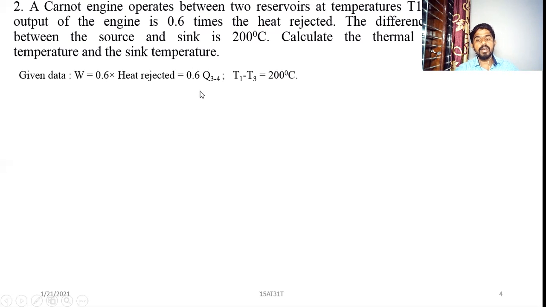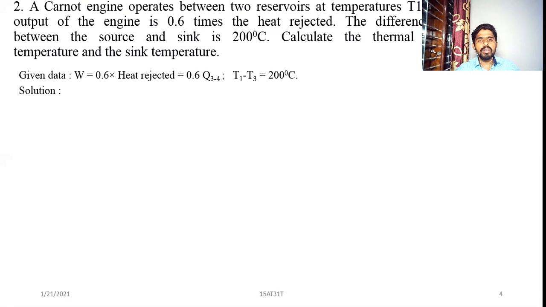If you see the Carnot cycle, the heat rejected is Q34. T1 minus T3, the temperature difference between the reservoirs, is equal to 200 degrees centigrade.